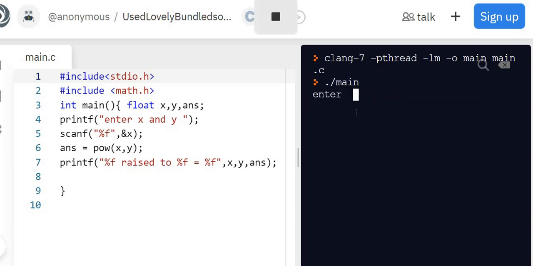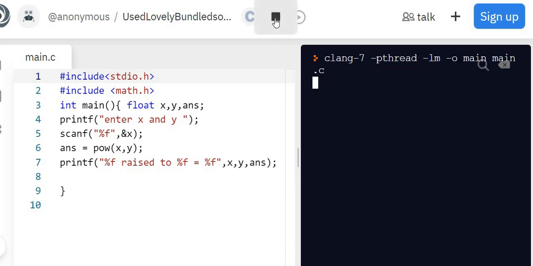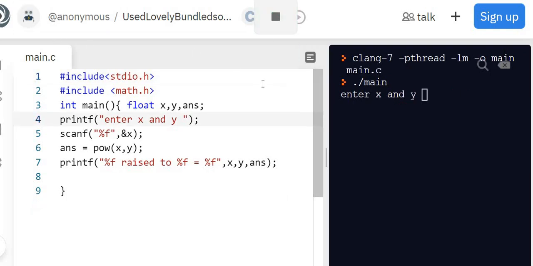So run this. Enter x and y. No, it's the old program. While reconnecting, it has not updated the program. Let me check. Yes, now it has reconnected properly. Enter x and y. Suppose I enter 2 and 4.